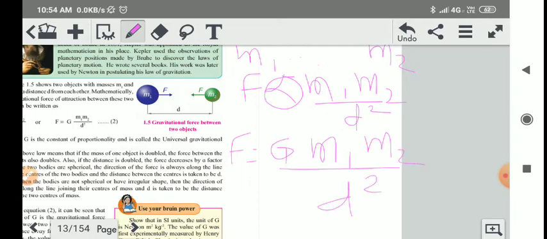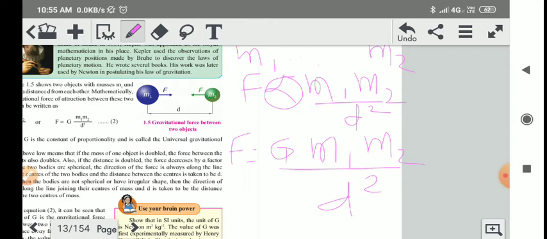Now what is G? G is the proportionality constant. When there is a proportional sign, we have to remove that sign and take a constant, and that constant is called the proportionality constant. So here G is the proportionality constant, and the formula becomes F is equal to G into m1 into m2 upon d square.